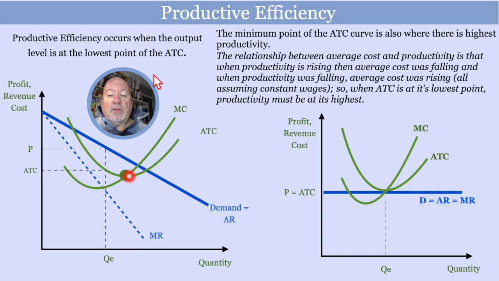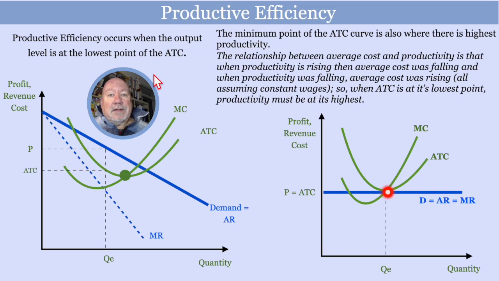So in a monopoly, you're not likely to get to that point because you'd stop, let's say here, before it. And the argument is that nothing is driving that monopoly to it. It might by chance, we might have put that ATC through that lowest point there, okay, but that's only by chance, so nothing is driving it to that point.